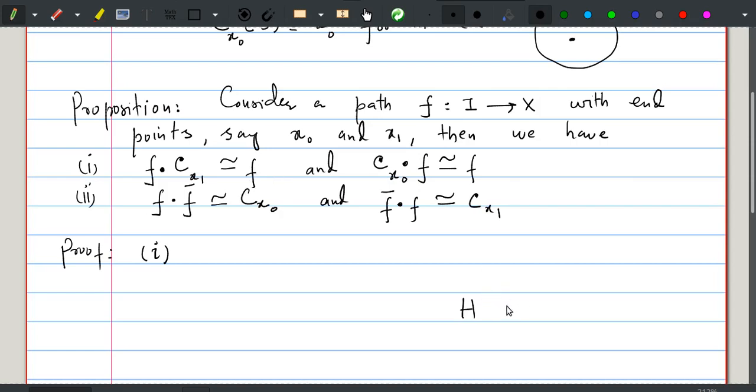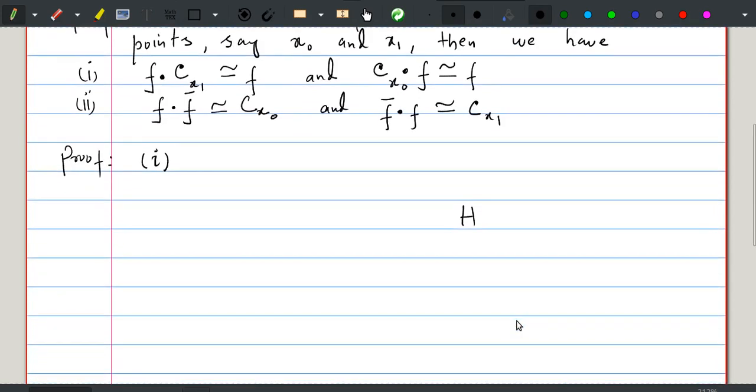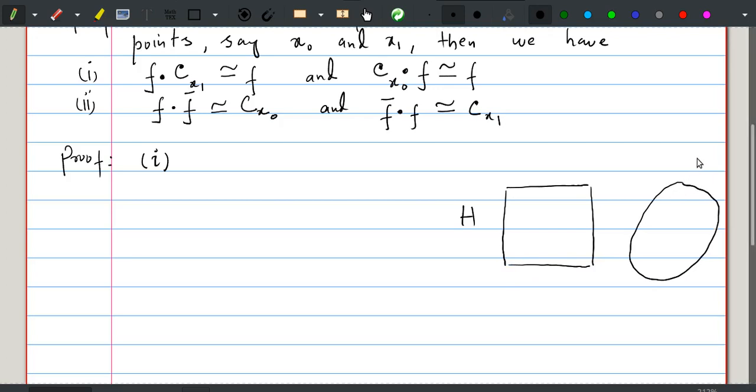So what this homotopy is going to look like: we have the interval I cross I, and this is the space X, and let us suppose this is the path f, this is the point x0 and this is the point x1.